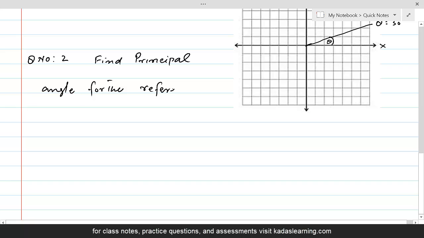So this time we are given reference angles. The first angle given is 33 degrees in the second quadrant. The second is 2 degrees in the third quadrant. Whenever you are given a reference angle, you will be told which quadrant it is.